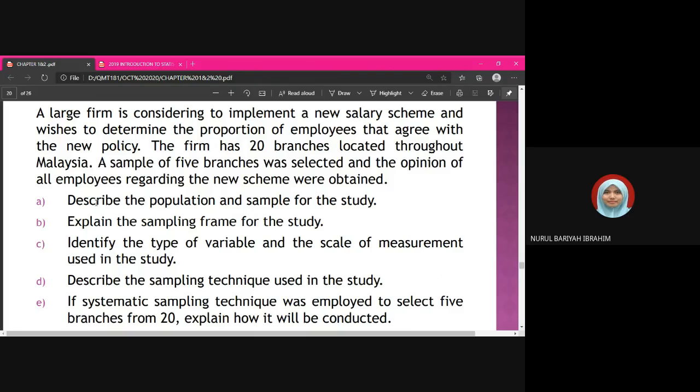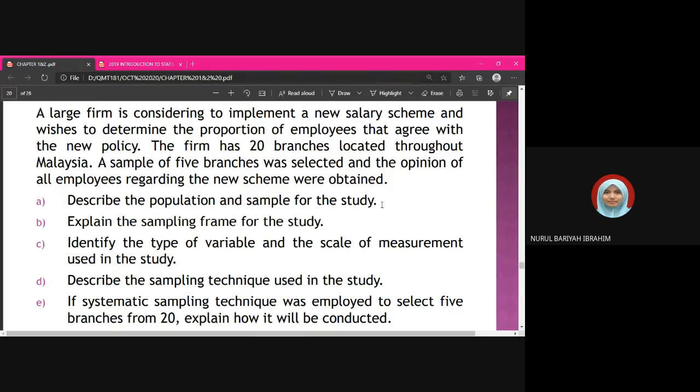Identify the type of variable. Okay, what is the characteristic of interest here? Dia nak kaji pasal apa? Okay, here dia kata nak study about the proportion of the employees that agree with the new policy. So the type of variable adalah proportion of the employees that agree with the new policy, and the scale of measurement is ratio. Betul tak? Okay.